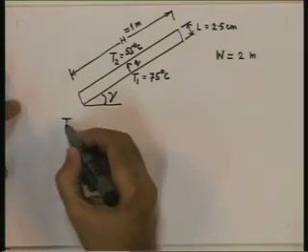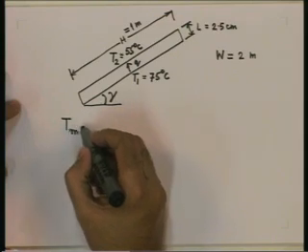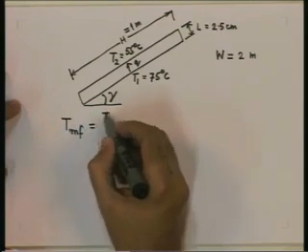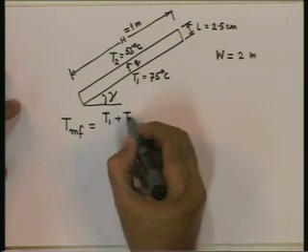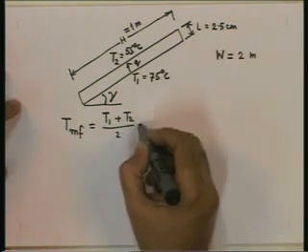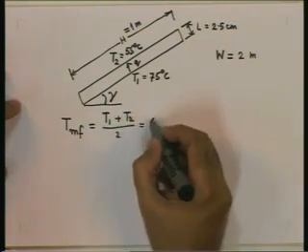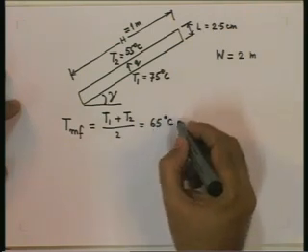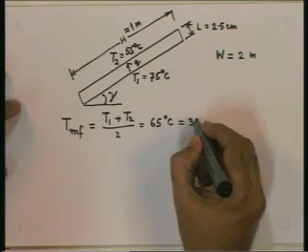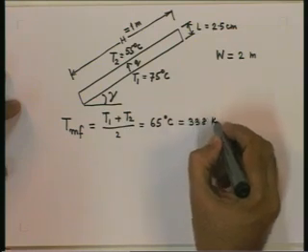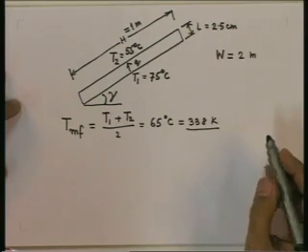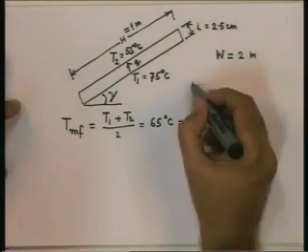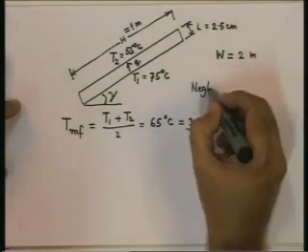We will have to determine the mean film temperature, that is T1 plus T2 by 2, which is 65 degrees C, which is 338 K. To begin with, we will neglect radiation.